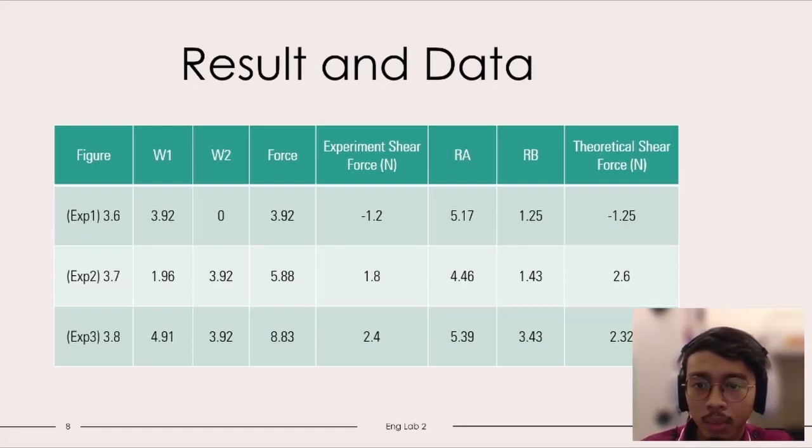For experiment 2, which is figure 3.7, the experimental shear force is 1.8, while the theoretical shear force we get is 2.6. Next is experiment 3, which is figure 3.8. The experimental shear force that we get is 2.4, and the theoretical shear force is 2.32.